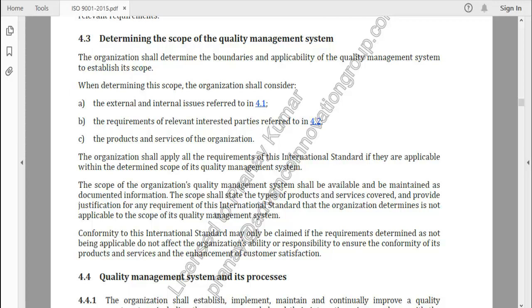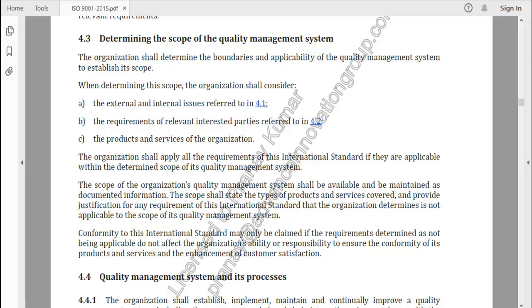Wherever you are maintaining scope as documented information, you must ensure that whatever exclusions you've taken from the ISO 9001 standard, that exclusion and the justification for the same must be maintained together at the same place.